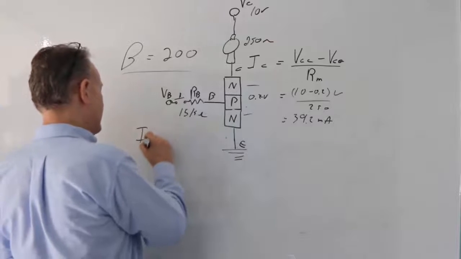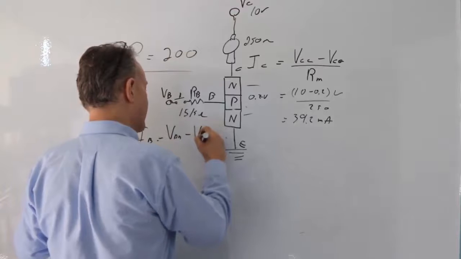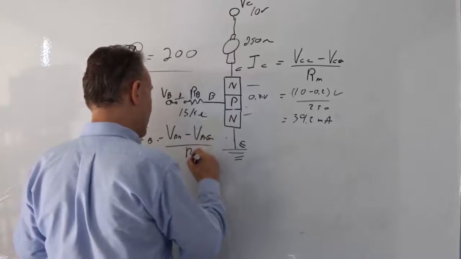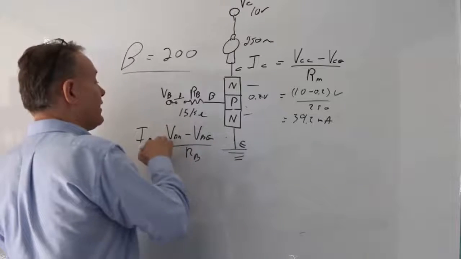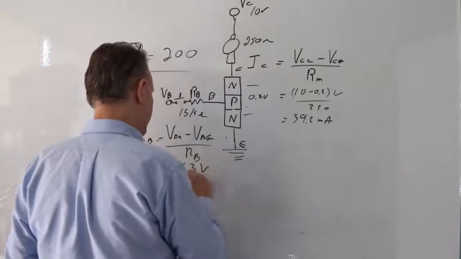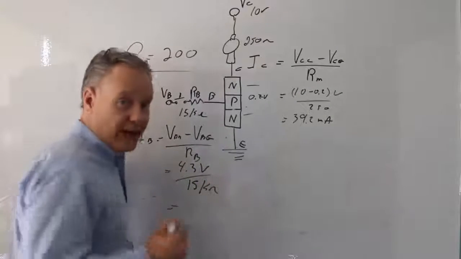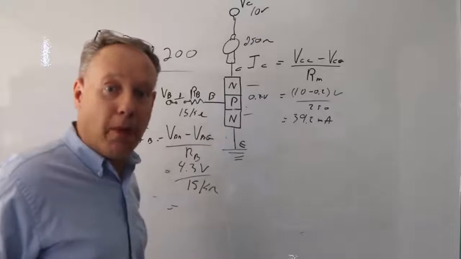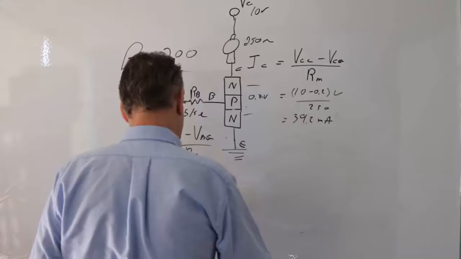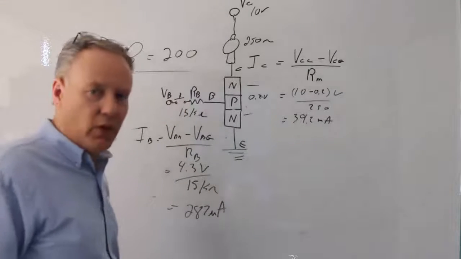So my IB is going to be my VBB minus my VB divided by RB, and in this case we know that is going to be 4.3 volts divided by 15 kilo ohms, and that equals 287 microamps. Yep, 287 microamps. Okay, we needed 196. We have way more than 196.